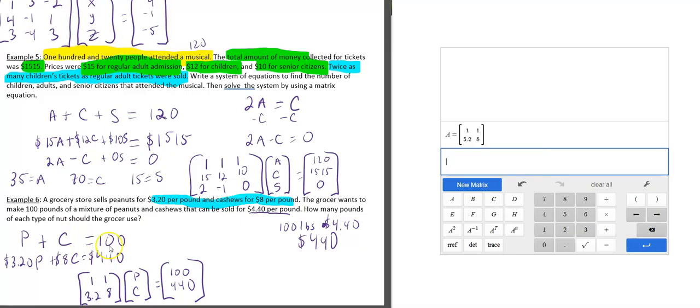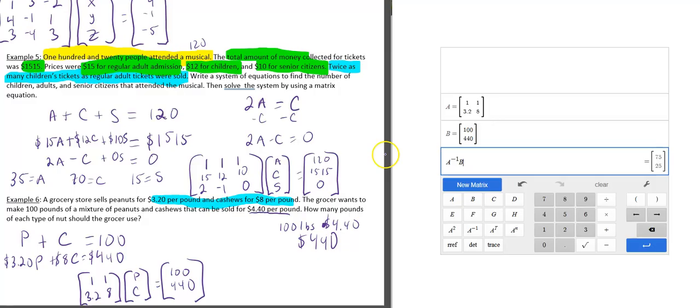If you did not convert this, it will mess your numbers up. By the way, guys, if you don't convert this to $440, you have to convert it to the actual price of the nuts, the total. Then matrix B, column matrix: 100 and 440. And now we want A inverse times B, and there you go.